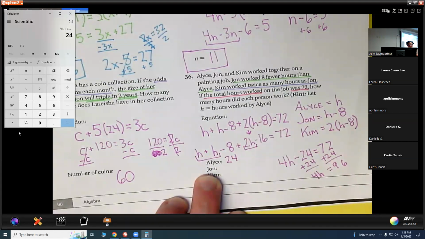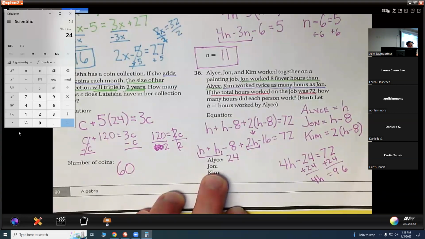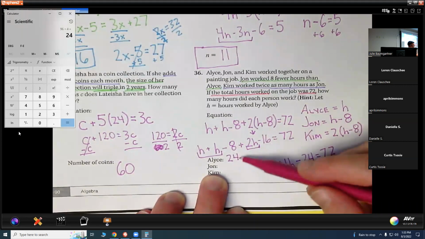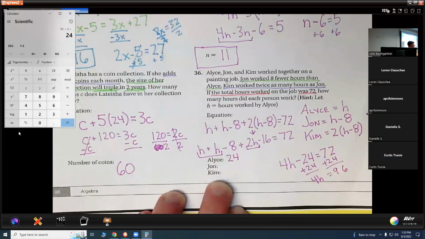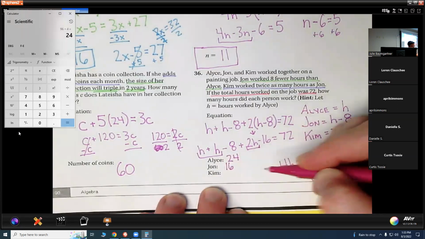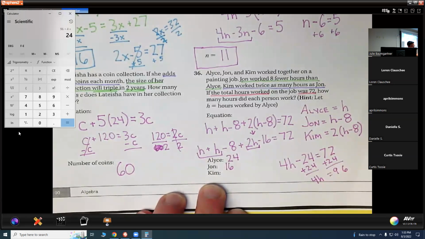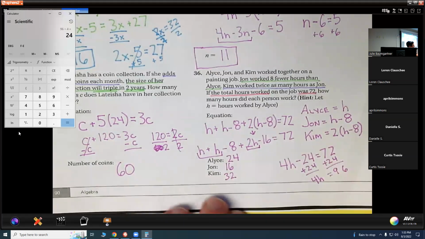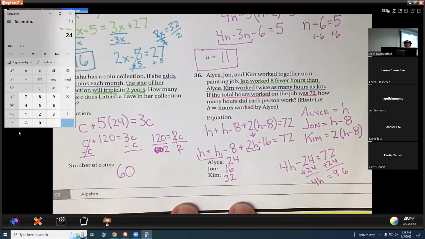So that's how much Alice worked, but how much did John work? H minus 8, so 24 minus 8. 16, right? And then how much did Kim work? She worked the most, right? Twice 16, which is 32. Yep. And then if we add these up, 24, 16, and 32, it should equal 72, right?